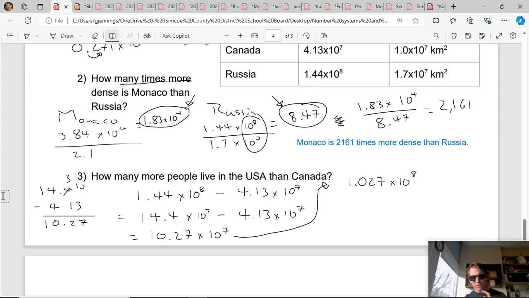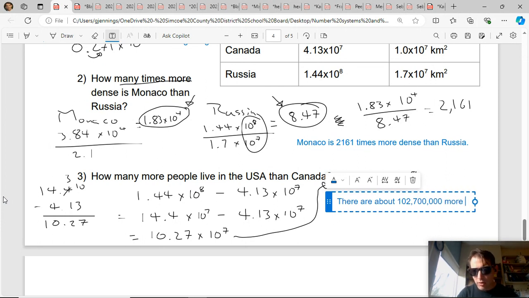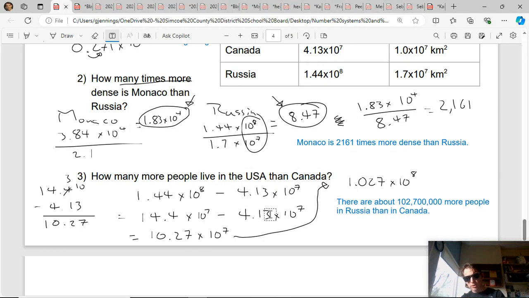And then have your sentence. There are about 102,700,000 more people in Russia than in Canada. Okay, that's that. That's how that one goes.